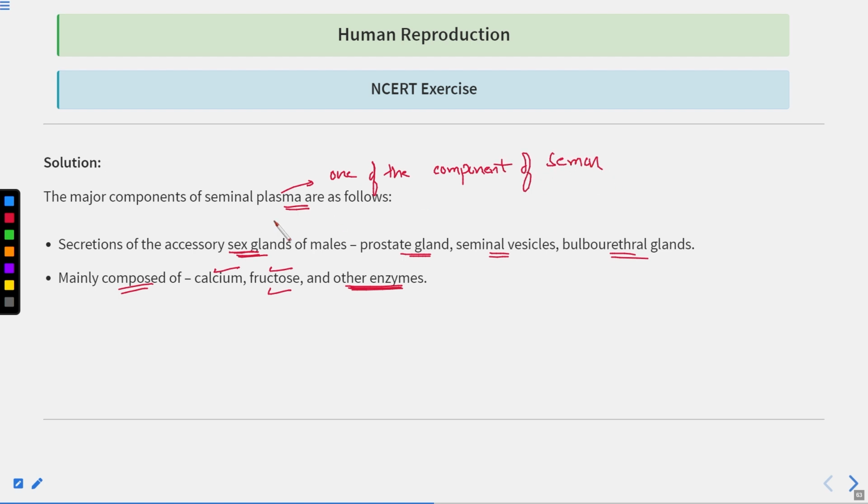Semen consists of the seminal plasma, and along with it, it also consists of zinc and citric acid. So seminal plasma consists of calcium, fructose, and some enzymes, and these are secreted by the accessory glands. Clear? Prostate gland, seminal vesicle, and the bulbourethral gland.